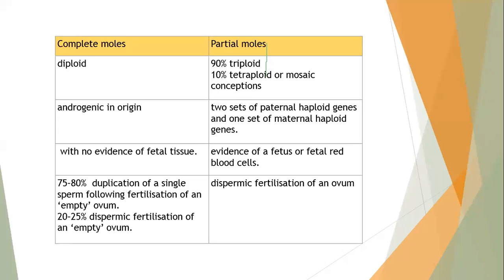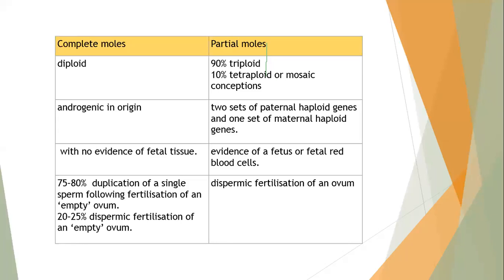75 to 80% of complete moles occur due to duplication of a single sperm following fertilization of an empty ovum, while 20 to 24% is dispermic fertilization of an empty ovum. So in all we have an empty ovum.